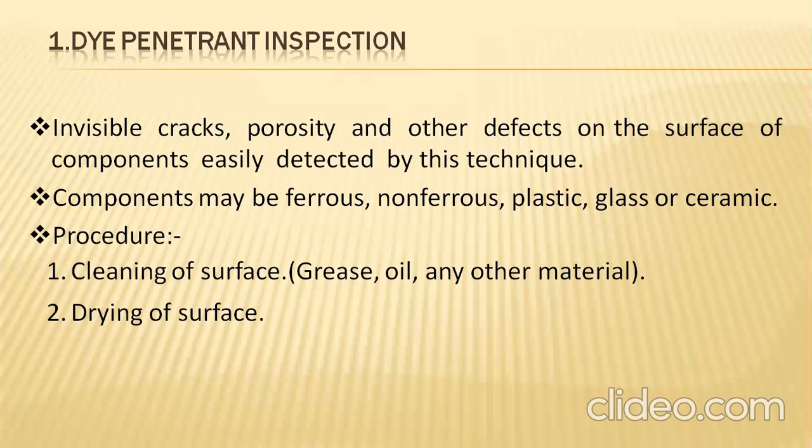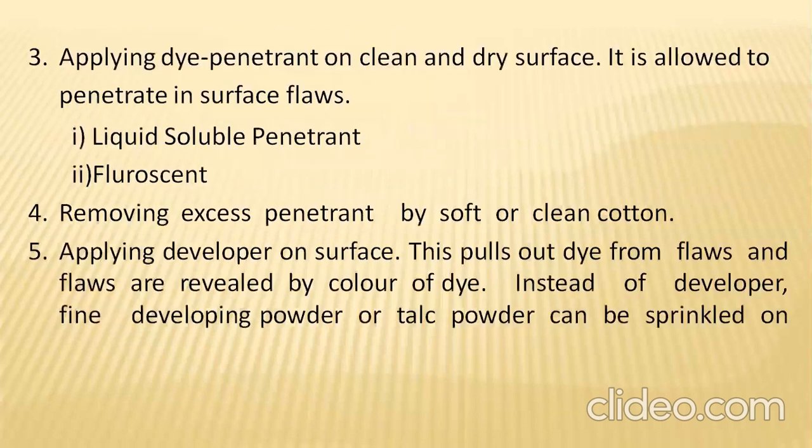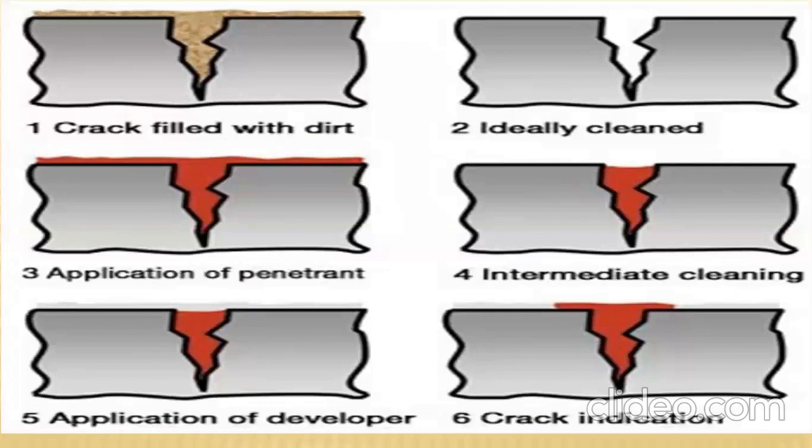It is also used to find the porosity of objects, and almost all components and materials available globally can be inspected with it. The procedure has 6 different steps. First, pre-cleaning is required, and after completing the process, post-cleaning is required.